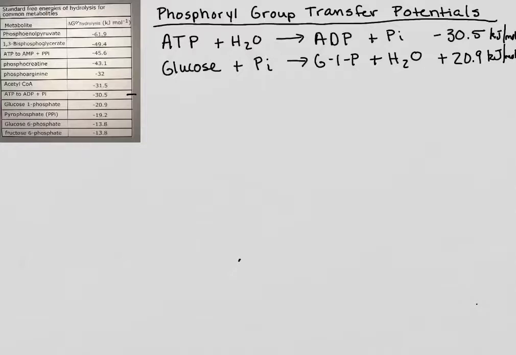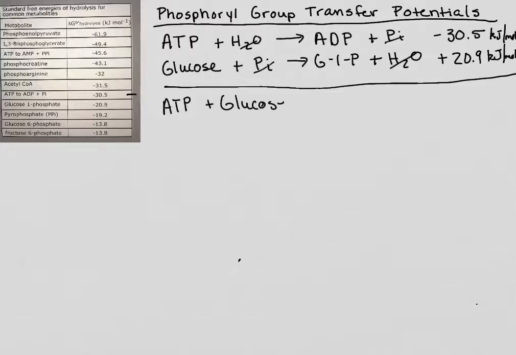to generate glucose 1-phosphate. So for those two half reactions, we're essentially being able to write the net reaction of ATP phosphorylating glucose to form glucose 1-phosphate and ADP.